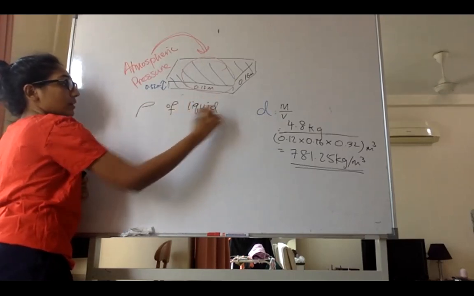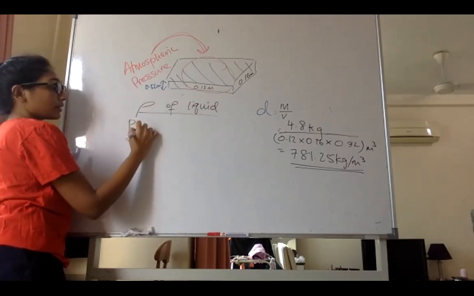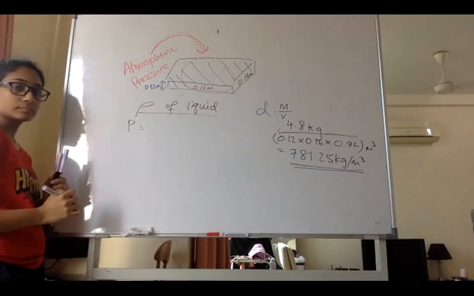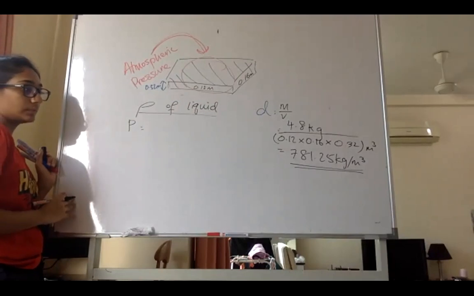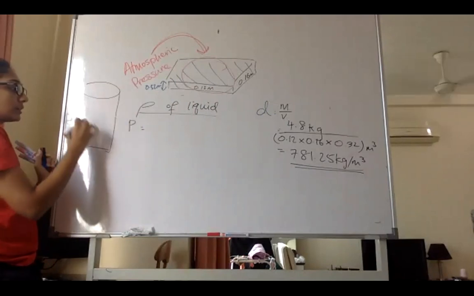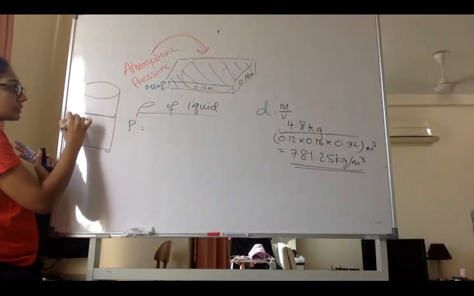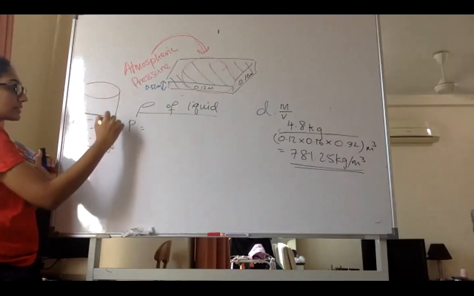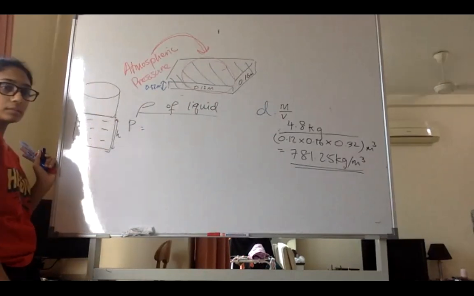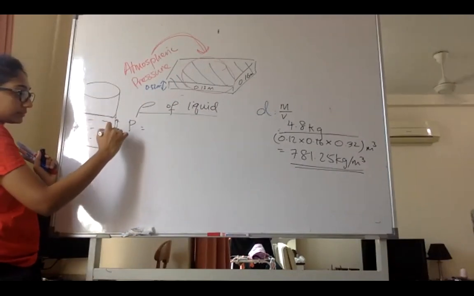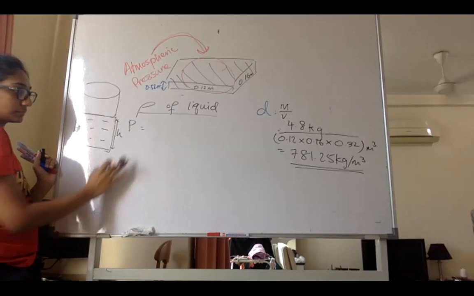So what is the pressure for liquid? What's the formula? When I have a container and I have water, it involves the height and density.